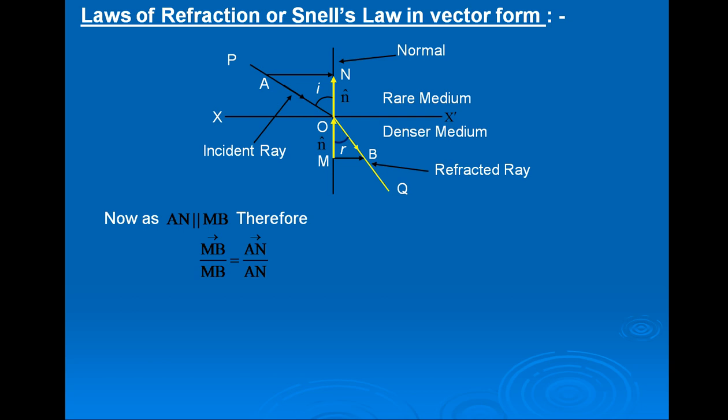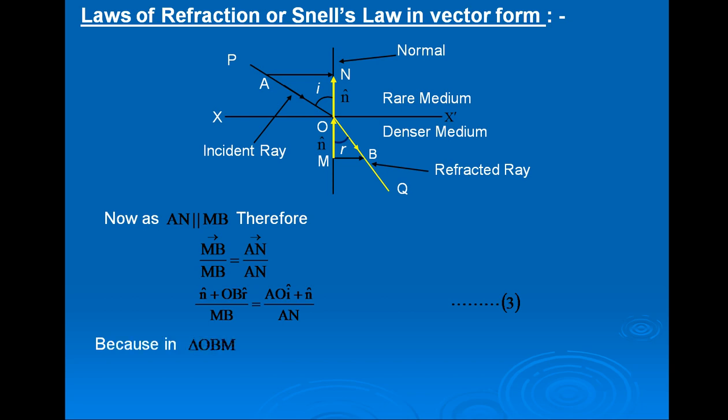Therefore, MB vector upon MB is equal to AN vector upon AN. Now MB vector is equal to N cap plus OB into R cap from equation number 2, and AN vector is equal to AO into I cap plus N cap from equation number 1. Put this as equation number 3.